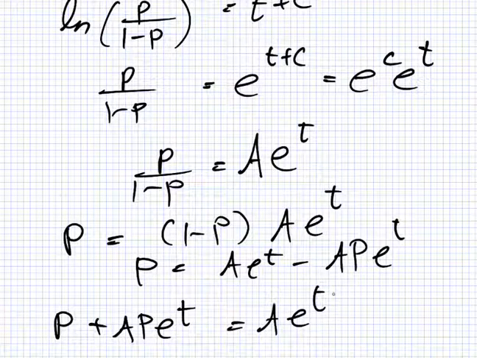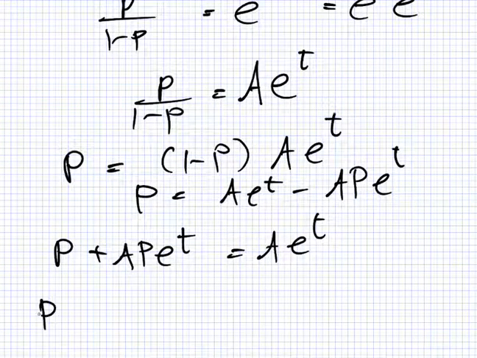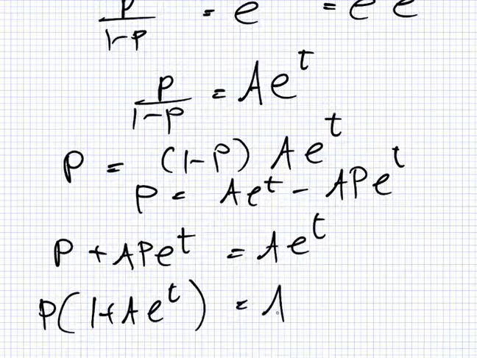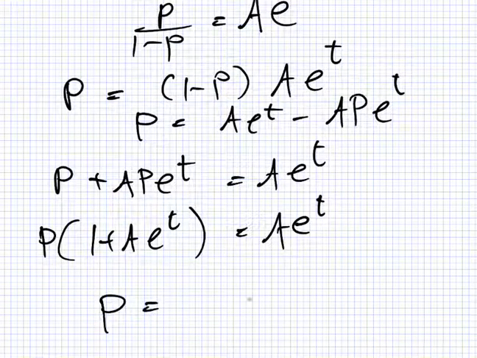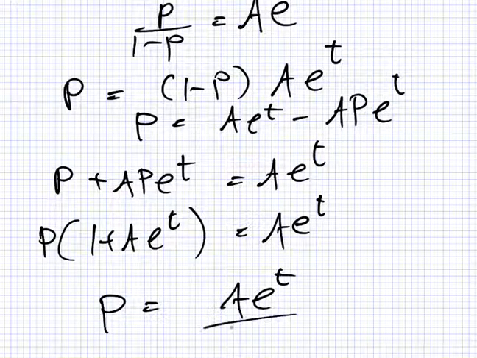Now on the left I can factor out the p. p(1 plus A e^t) equals A e^t. In fact, I should maybe find the A, but I'll just do that at the end. I can divide by that now and get p is A e^t over 1 plus A e^t.